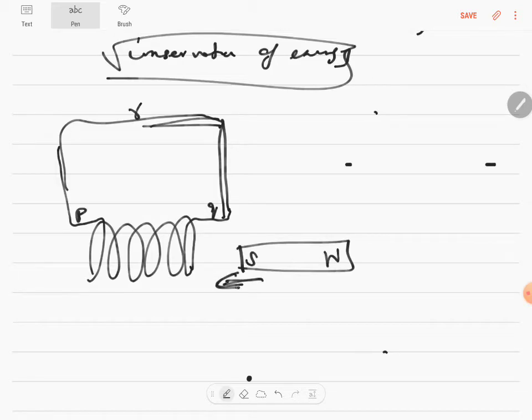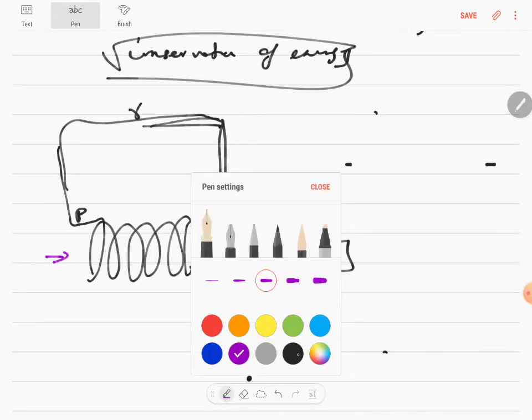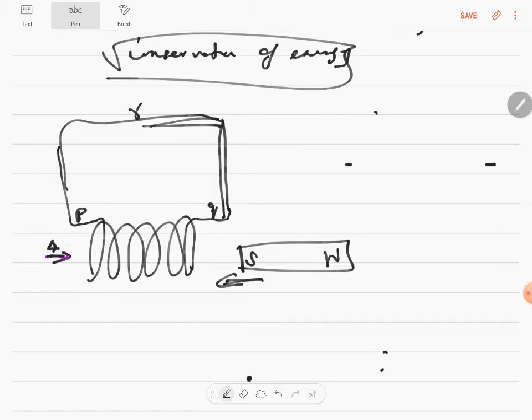The magnetic field direction is always north to south, you all know that, pointing in this direction. So therefore, I know that there will be an increase in delta phi, because I am moving the magnet closer.